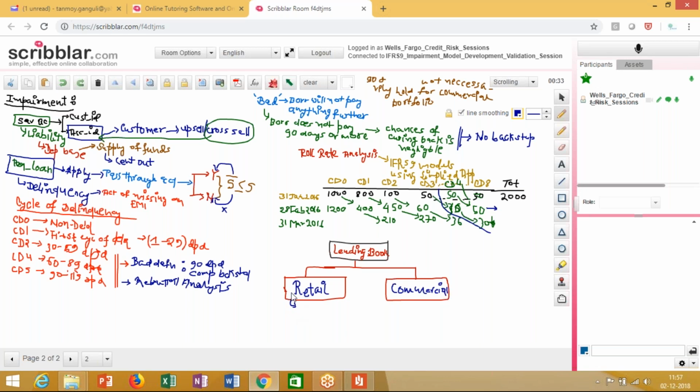For retail, one very basic characteristic is that there is a very large number of borrowers. In commercial, though the number of borrowers can be high, it is very low relative to what retail has. Say in a retail portfolio, you can have anywhere around 3 to 4 million accounts, which are very important for models.